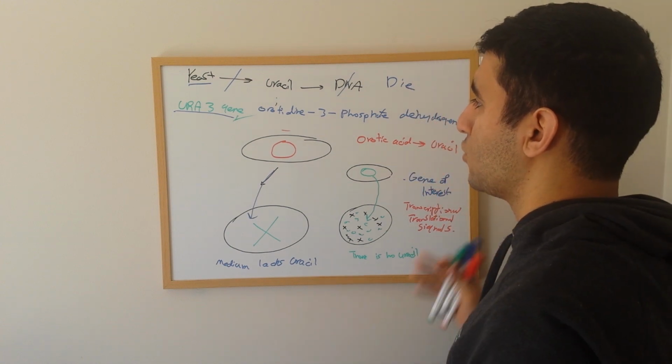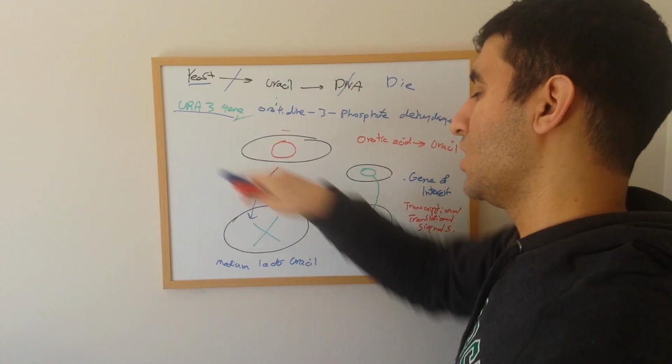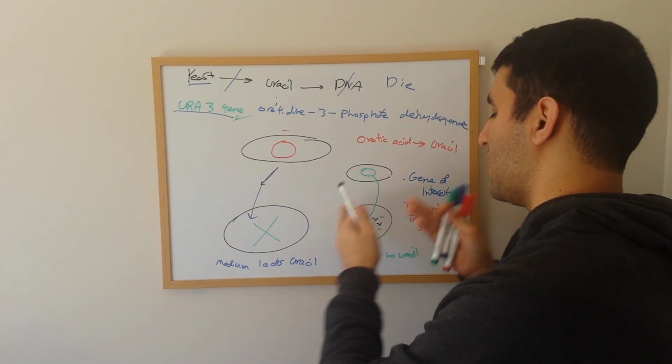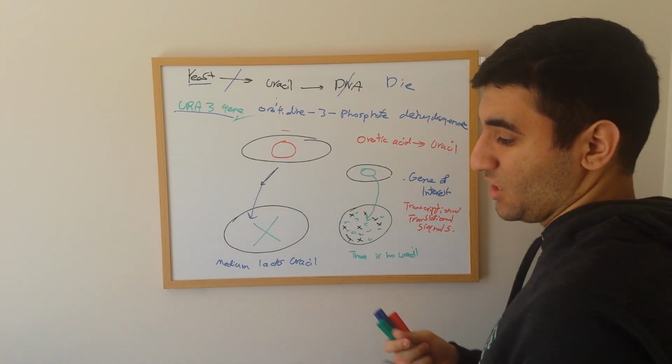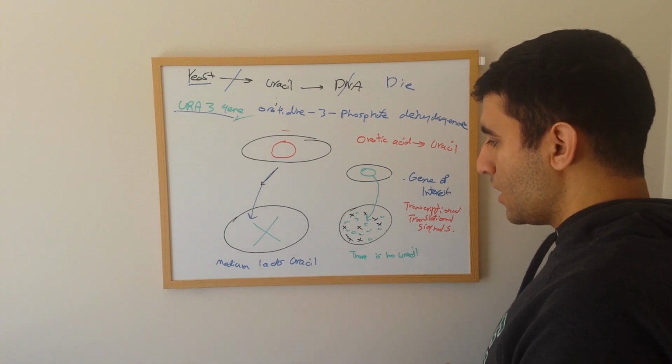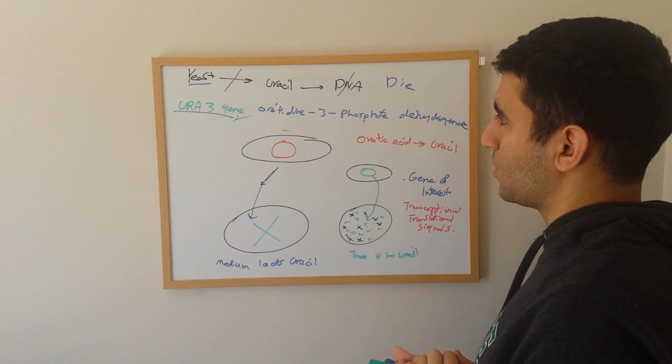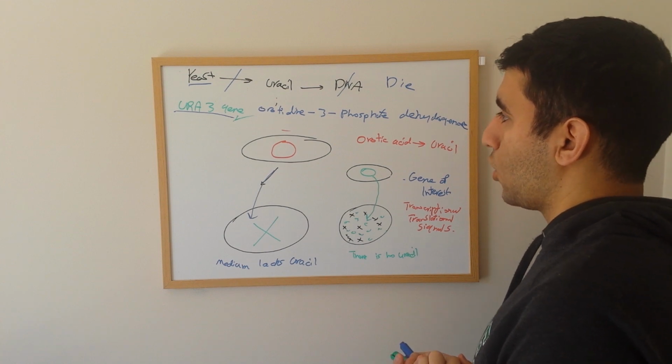You're just allowing those that have the URA3 gene to grow inside the medium, and those that don't have it cannot grow, so they don't appear. So this is pretty much what auxotrophy means, and I hope it was helpful.